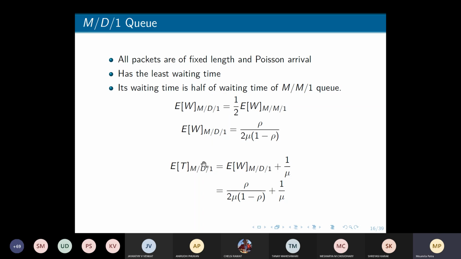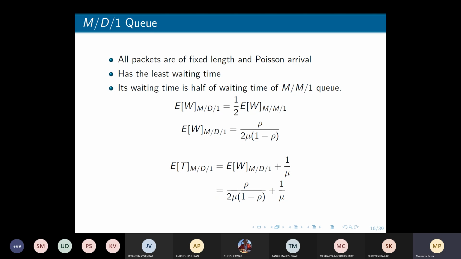From there we can further derive all the other values. E[T] of M/D/1, the average turnaround time for the M/D/1 queue, is equal to E[W] of M/D/1 plus 1 upon mu, which is the time required to service the job. So that is equal to rho by 2 mu (1 minus rho) plus 1 upon mu, and then you can find the value.